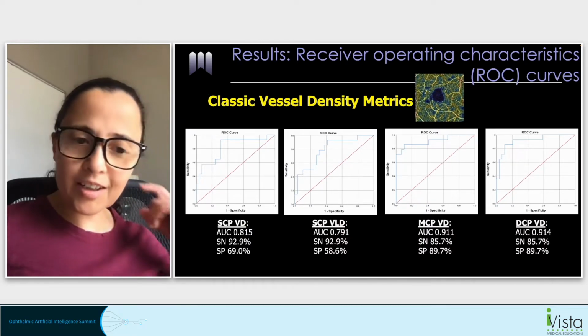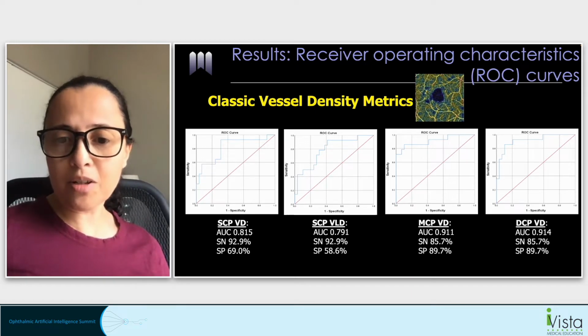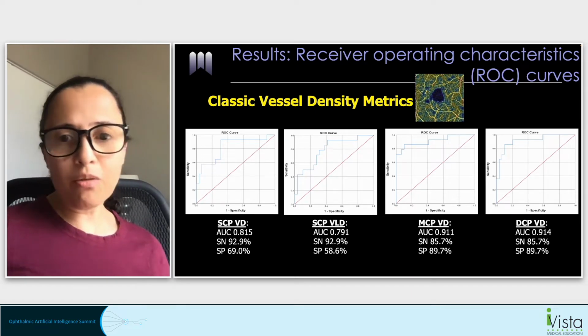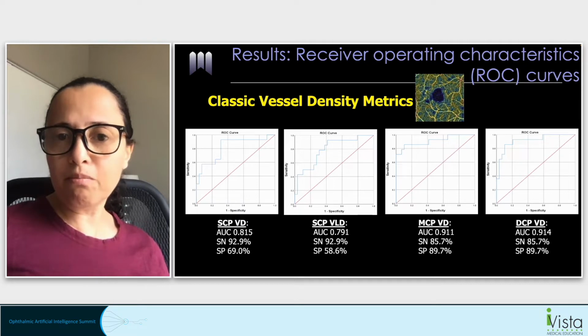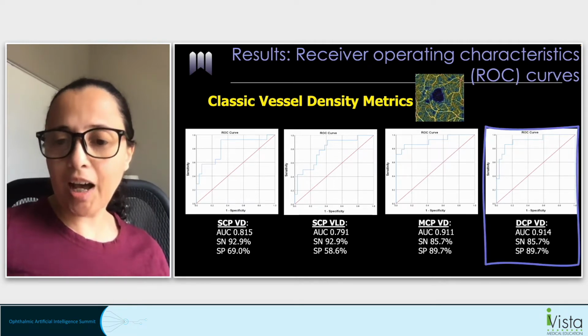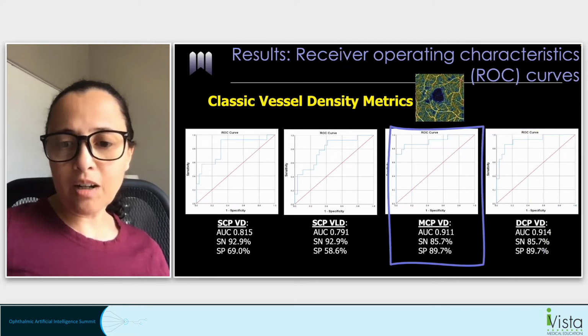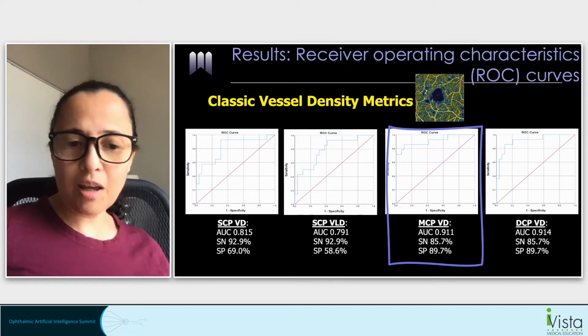Next, we wanted to look at the accuracy of these algorithms. So we looked at the ROC curves, and what you see here is for the classic vessel density metrics, the deep capillaries had the highest AUC, and the next highest was the MCP.